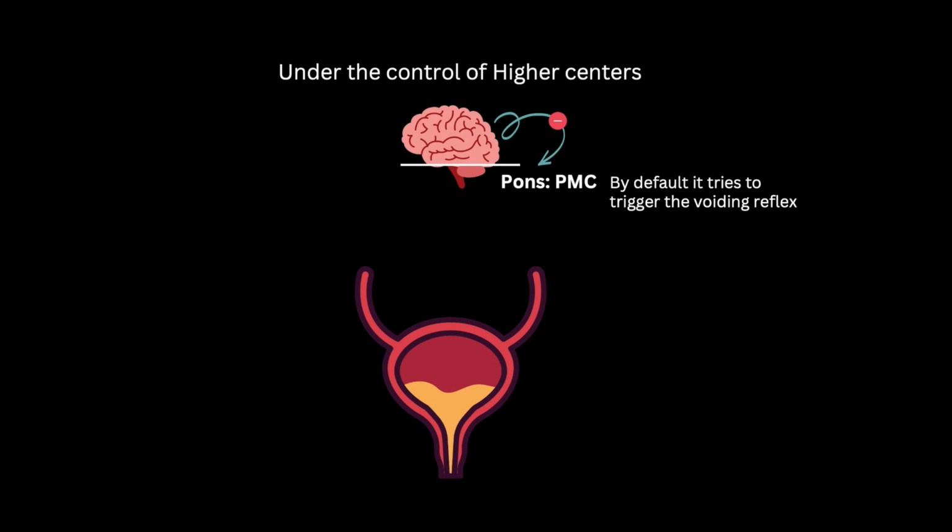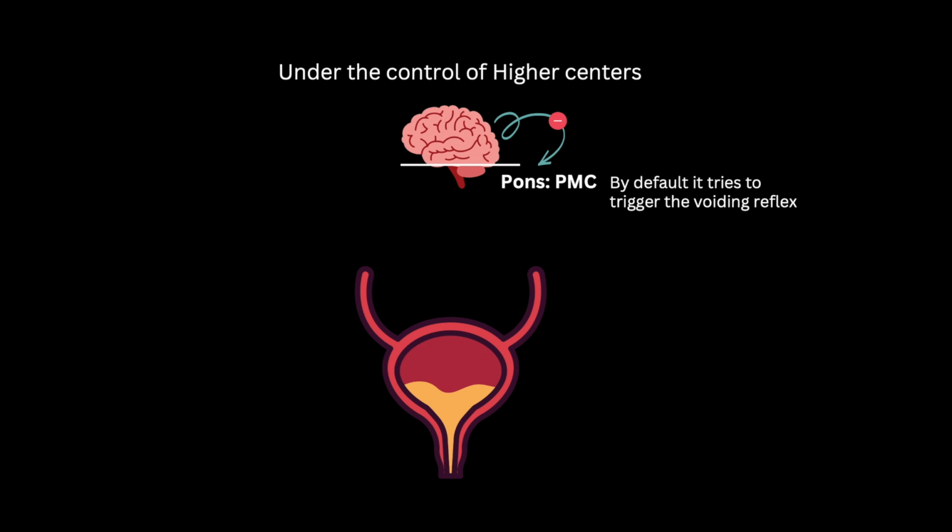But even this is not enough. The boss, he is sitting at the top, at the level of pons, and he is called the Pontine Micturition Center, PMC. By default, PMC tries to trigger the voiding reflex. But there is one more control to the story, and that is the cortical center, or we call them suprapontine center in the brain. They have the ultimate power to control the entire system.